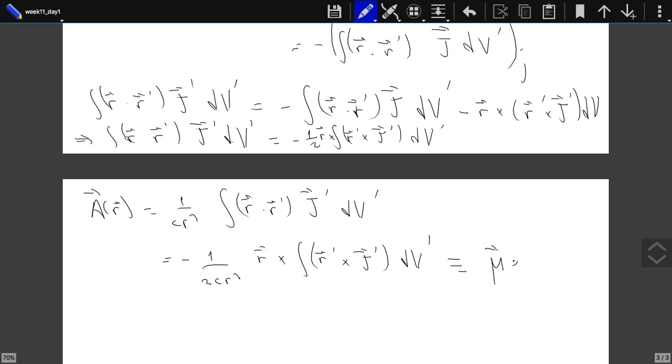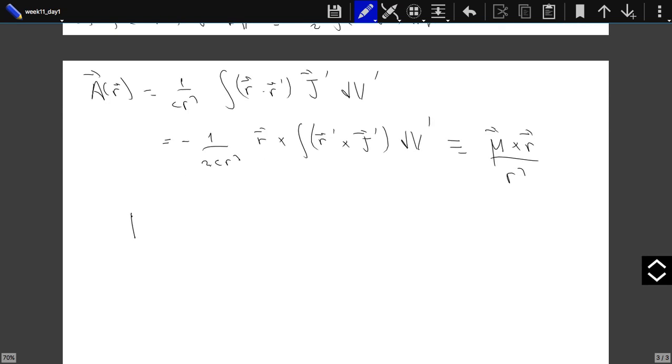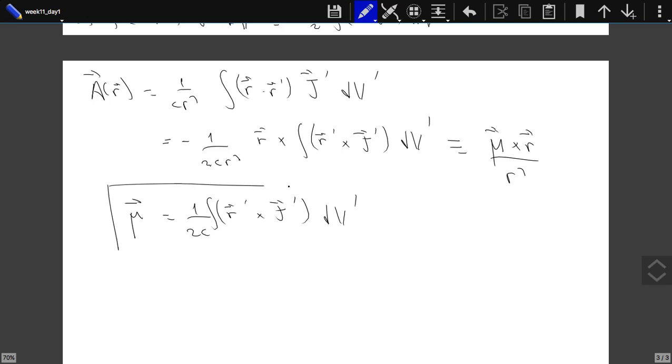And we define this as mu cross r over r cubed, where mu is equal to the integral of r prime cross j prime dv prime times 1 over 2c.